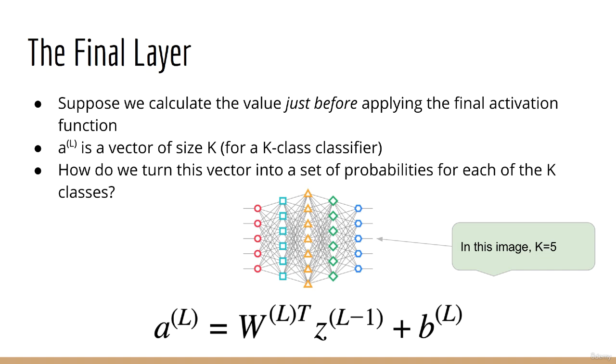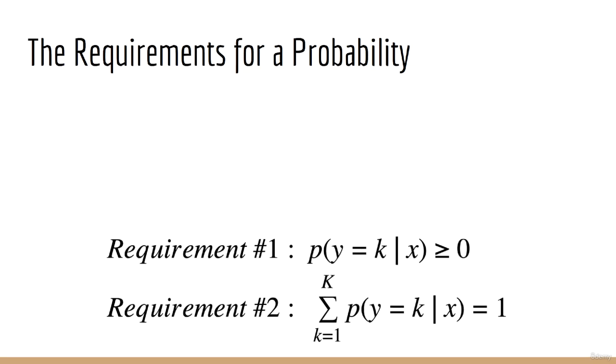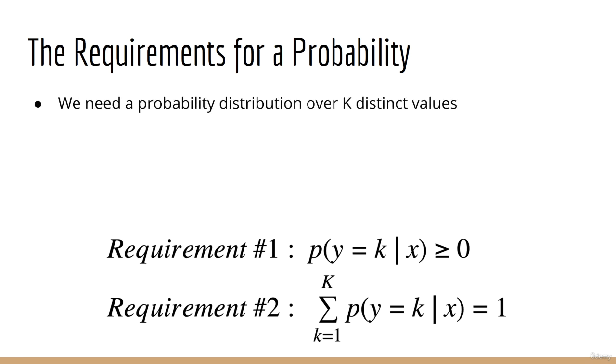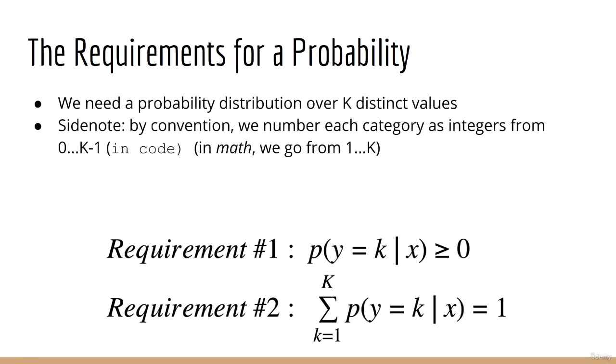The question now is, what function can actually map the vector A^L to probability values? Let's think about what the requirements are for these probabilities. We need a probability distribution over K distinct values. As a side note, we assign these values the integers 0 to K minus 1.